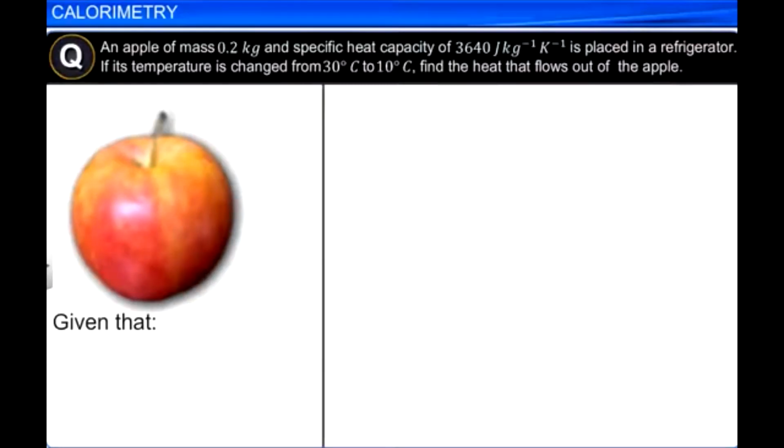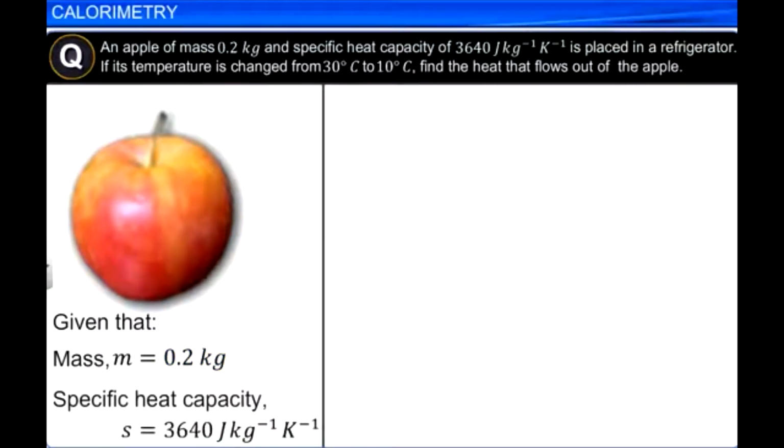Given that mass M equals 0.2 kilograms, specific heat capacity S is equal to 3640 joules per kilogram per Kelvin.